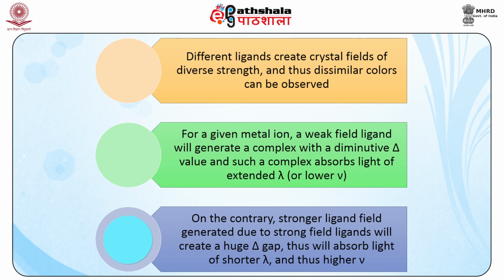On the contrary, a stronger ligand field generated due to strong field ligands will create a huge delta gap, thus will absorb light of shorter lambda and thus higher frequency.